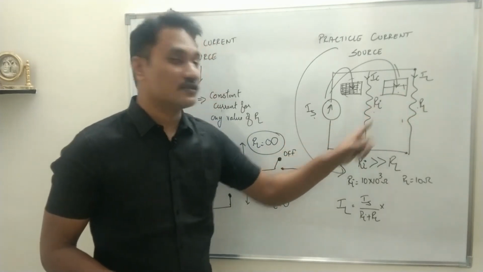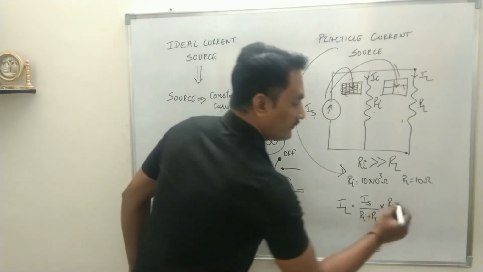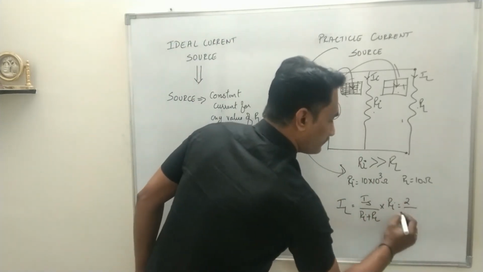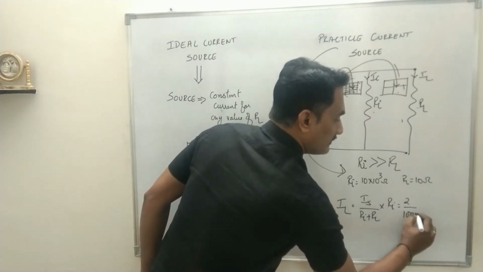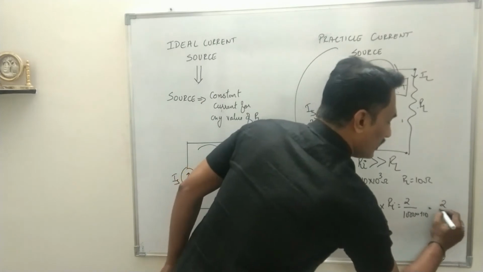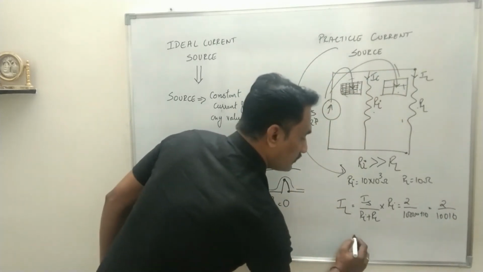So which resistance do you have to take? We have to take Ri. So what is the value? Of course, say this is 2 ampere. So it will be 2 upon 10,000 plus 10, so 2 upon 10,010.